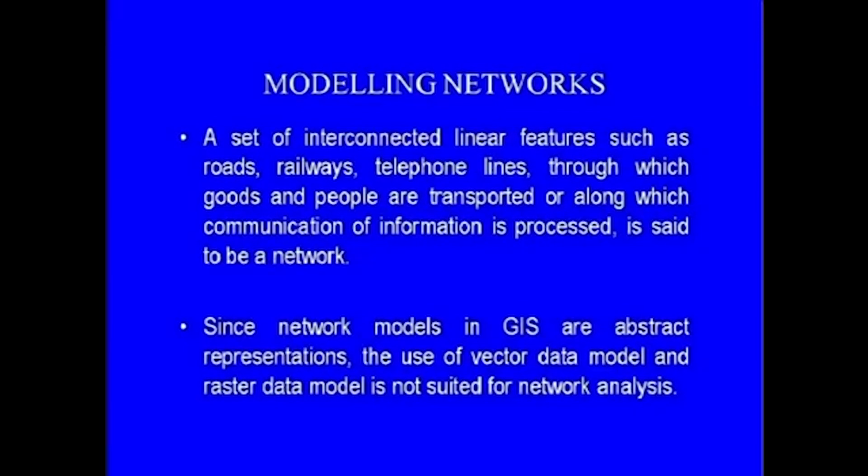A set of interconnected linear features such as a road, railway line, or telephone lines through which goods and people are transported or along which communication of information is processed is said to be a network. Since network models in GIS are abstract representations, the vector data model and the raster data model are not suited for network analysis.